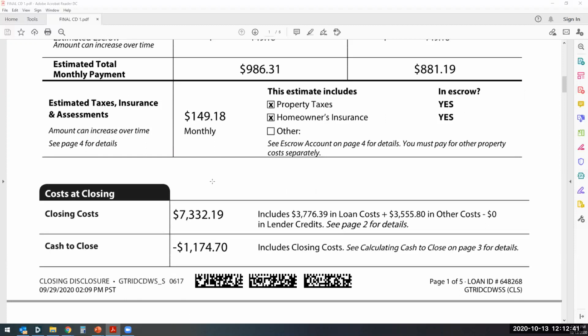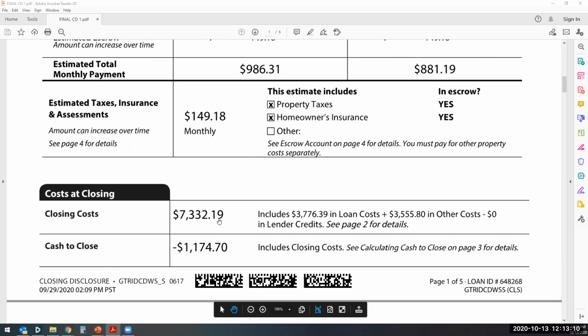Okay, so this part is also very important because what your client has to look for is not the closing costs, is not the total closing cost, it's the total cash to close. In this particular case, the client actually had a little bit of money back, and I'm going to explain the reason why earlier on, but what they have to look at is what the cash to close is, not the closing cost.